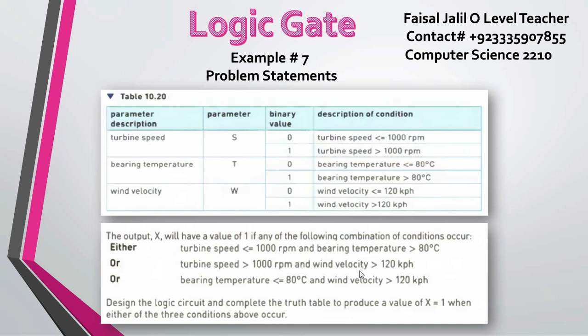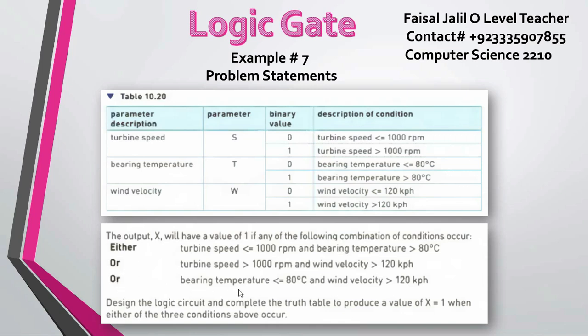So here we have to apply S is equal to 1 and W is equal to 1, because 1 means wind velocity greater than 120 kph. And then after that we will add an OR gate.